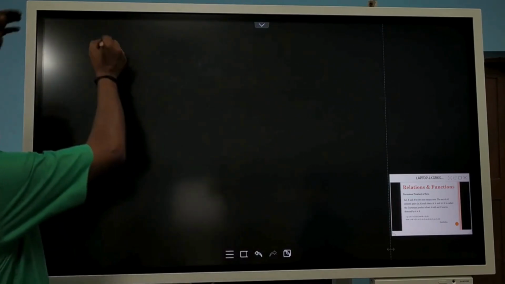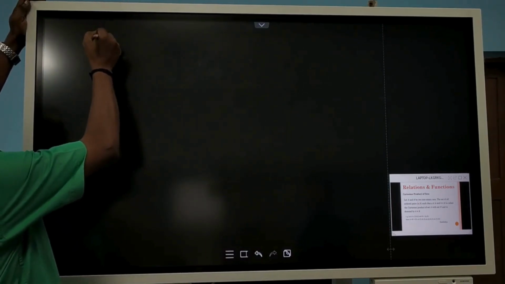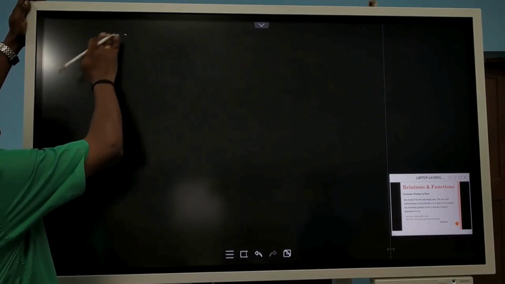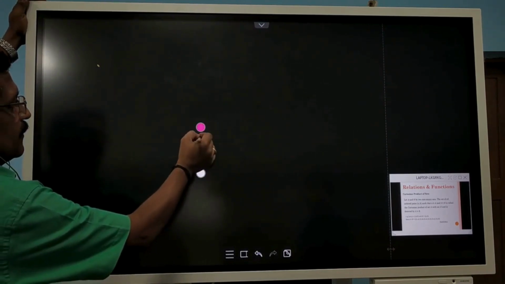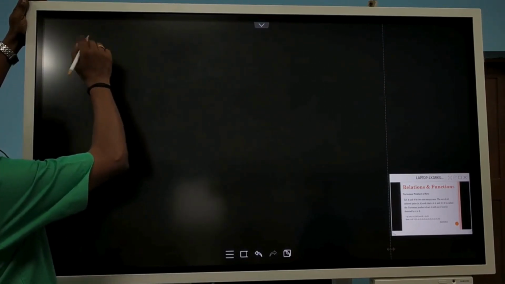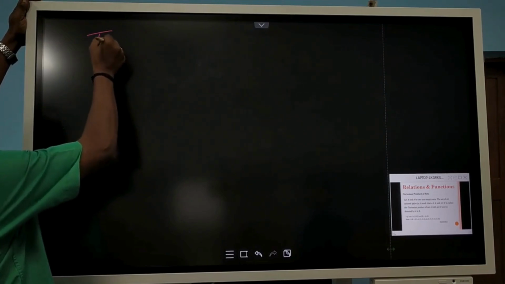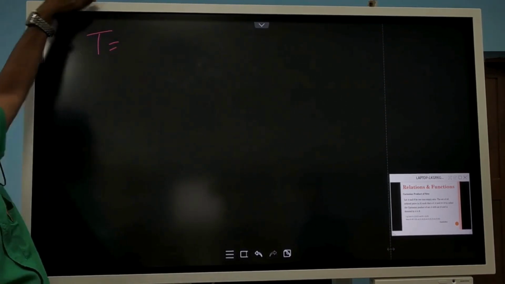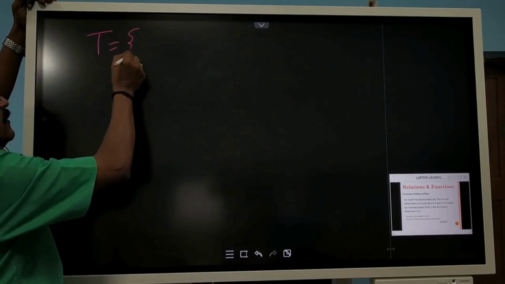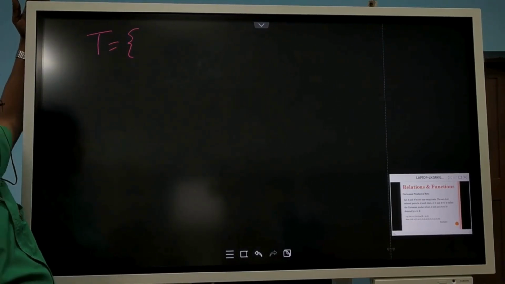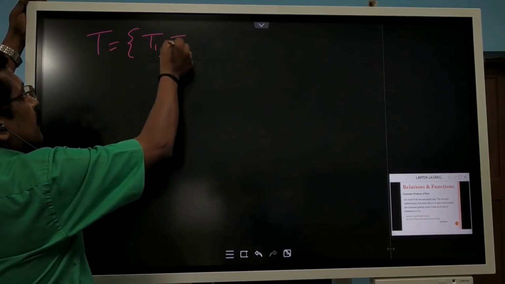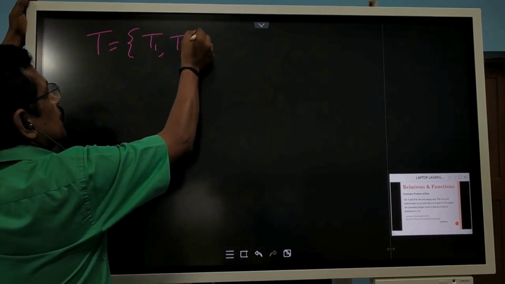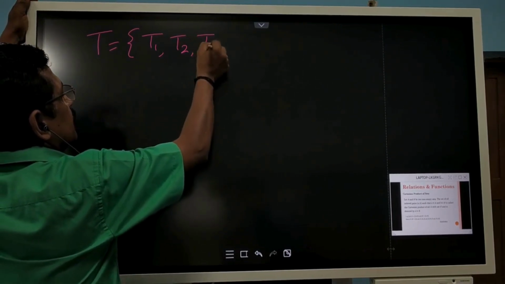I am taking T as the teacher set. The teacher set T contains teacher 1, teacher 2, teacher 3.